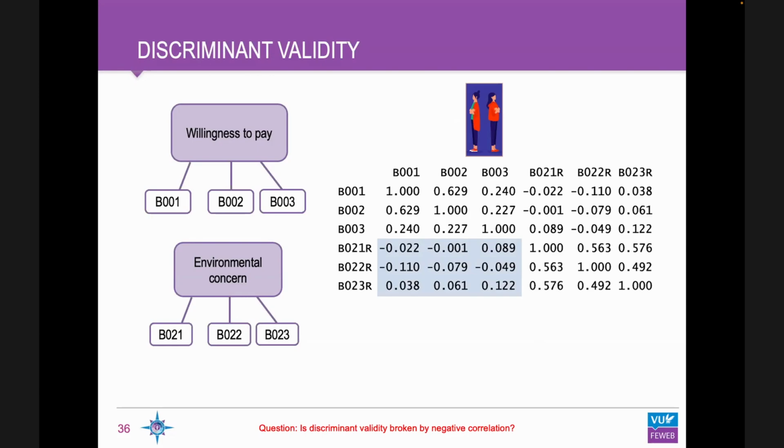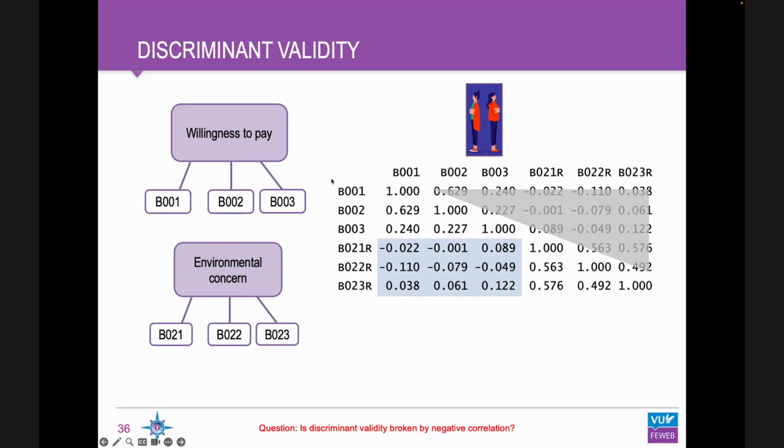So let's also go over this once more. For the discriminant validity, by the way, I'm just shading this part because the correlation matrix is symmetric, like the numbers that you see here are the same as the numbers you see here. For the discriminant validity, as I said before, we want to understand the cross items.